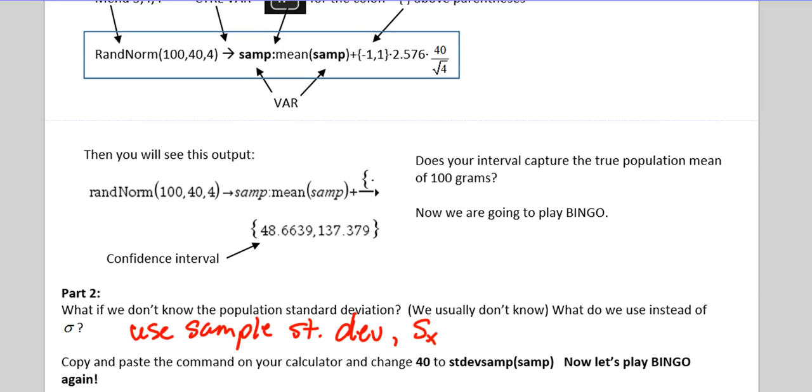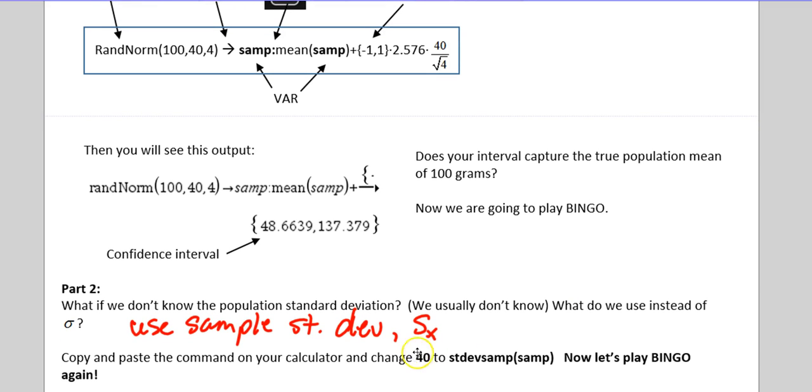So we're going to copy and paste the command in the calculator and change the 40, which was the population standard deviation, to standard deviation SAMP, standard deviation of the sample of SAMP, which has our 4 tomato weights in it. And then we'll play bingo again. So going back to my calculator.